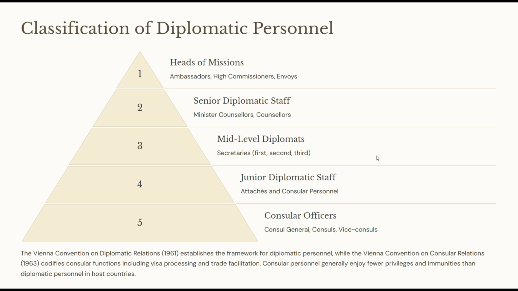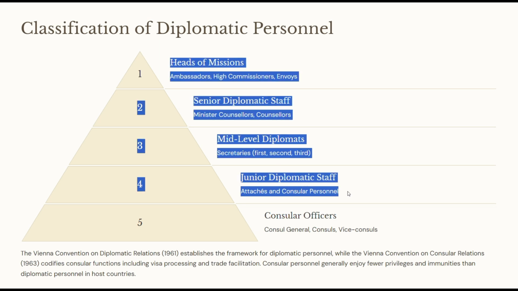We will discuss that in the other topic, and I will try to correct this slide. So for now, the consul general is the head of consular mission, and consuls and vice consuls are the senior and mid-level consular personnel, respectively. So for now, only these should be referred to regarding diplomatic personnel.